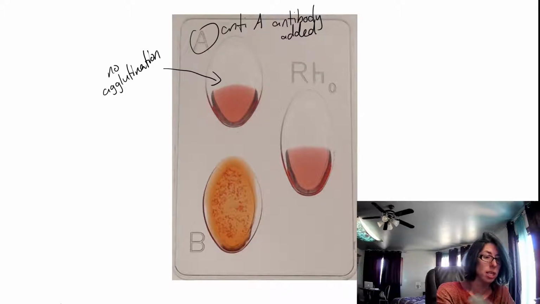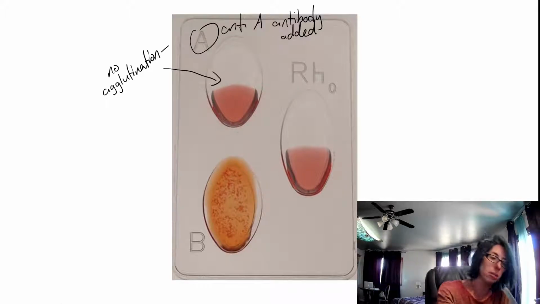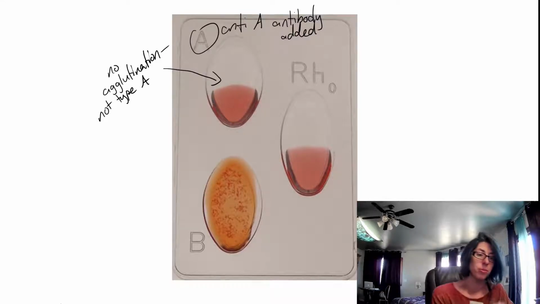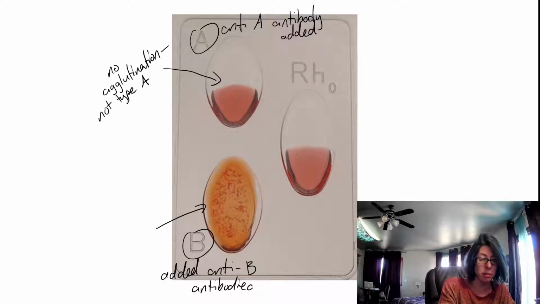What does that mean? That means they do not have glycoprotein A, not type A. Okay? Here, you've added anti-B antibodies. That means antibodies that attack blood type B. Here you see agglutination.